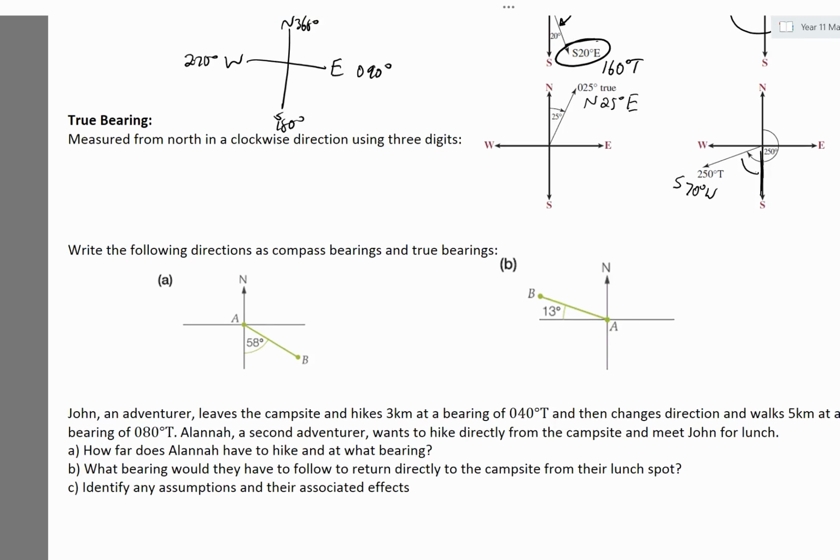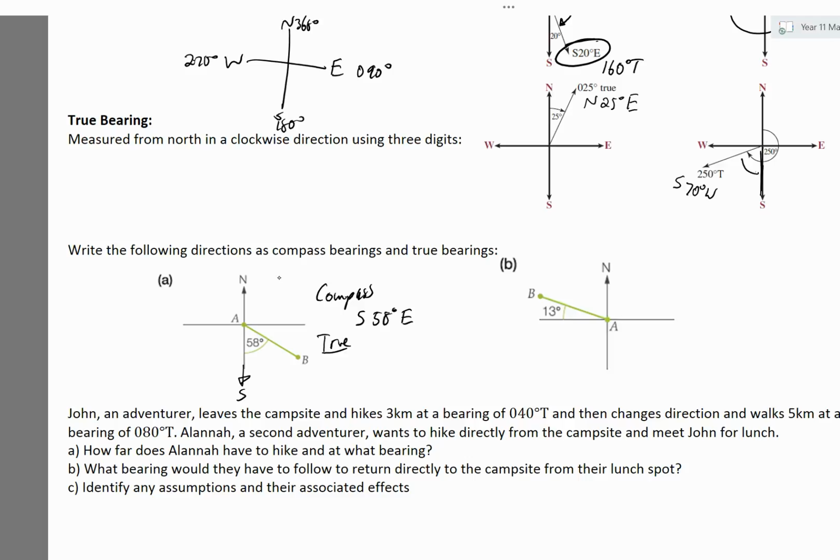Okay, so this question says write both of them as compass bearings and true bearings. Press pause and have a go at writing both as compass and true bearing. Alright, so you've had a go at doing that. As a compass bearing, this one from south, we're going 58 degrees east.